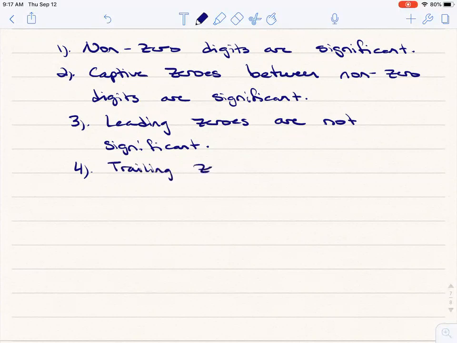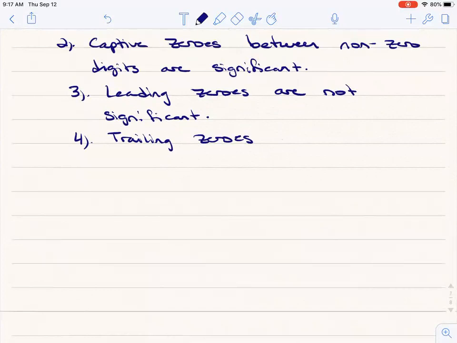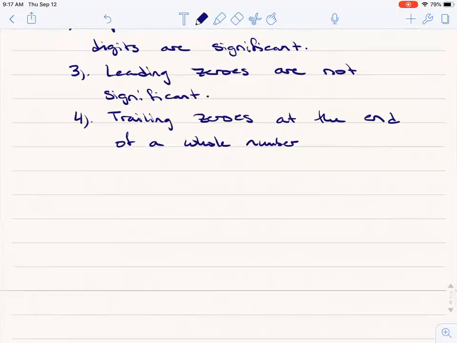Trailing zeros at the end of a whole number are not significant.